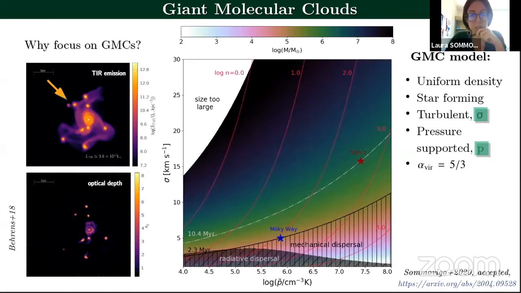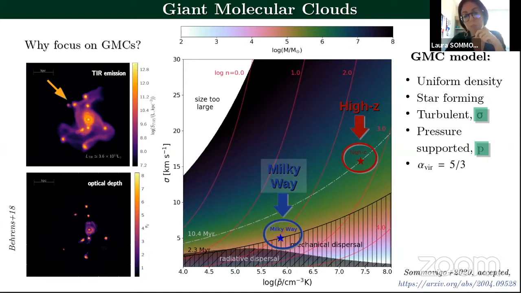Here is my parameter space for the clouds, and in particular, I would like you to focus on these two points. So the blue one should be representative of a Milky Way-like cloud, so a local-like cloud, and its properties are taken from average properties of observed clouds in the local universe. Instead, the red point should be representative of a typical high redshift cloud.